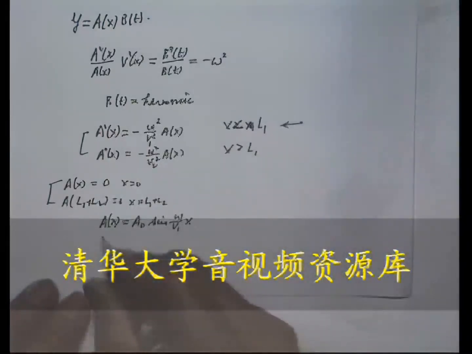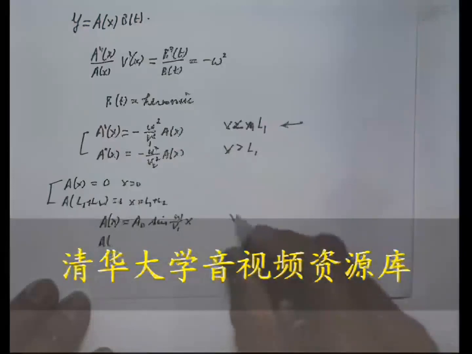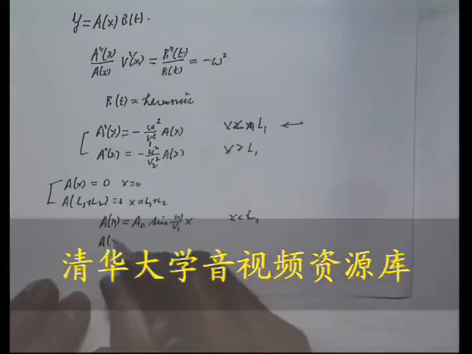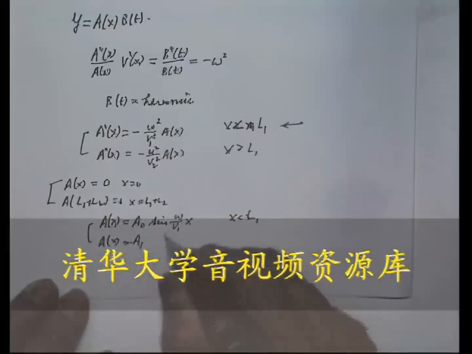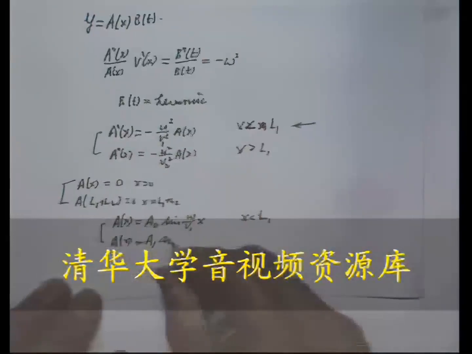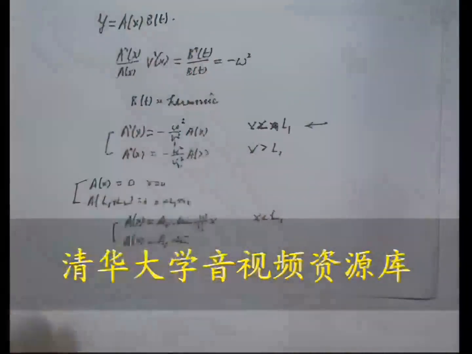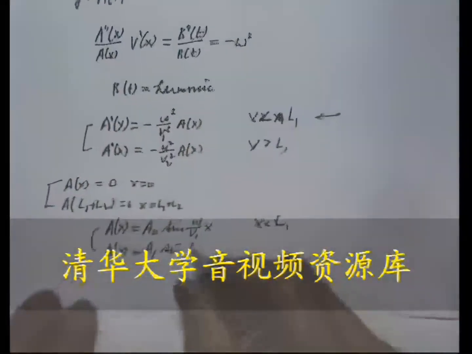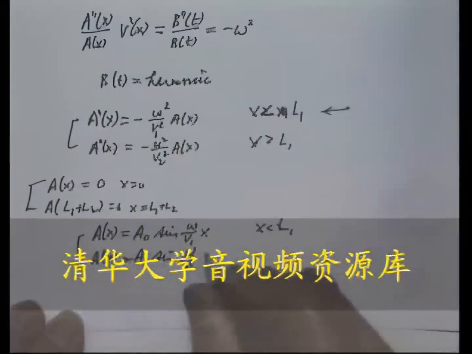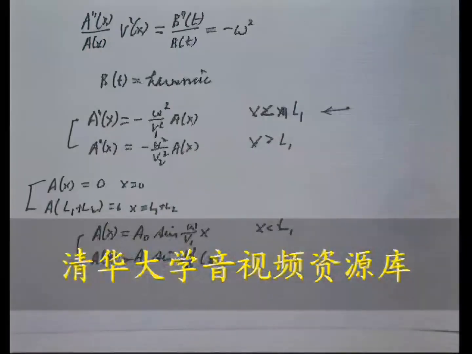Similarly, we can write on the next one, this is for x less than L1. For the right end, for the large x, we get omega over v2 times x.